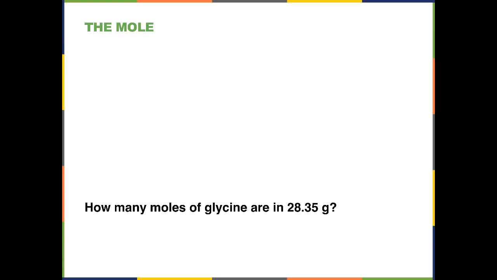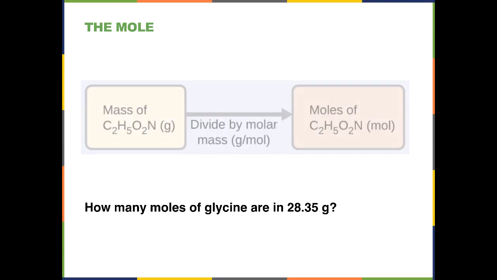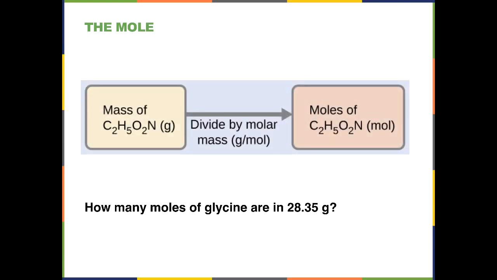How many moles of glycine are in 28.35 grams of glycine? Now, obviously you can't do this unless you know the formula for glycine. And the formula for glycine is given here, C2H5O2N. You have to find the formula mass for glycine, which we just did a little bit ago.